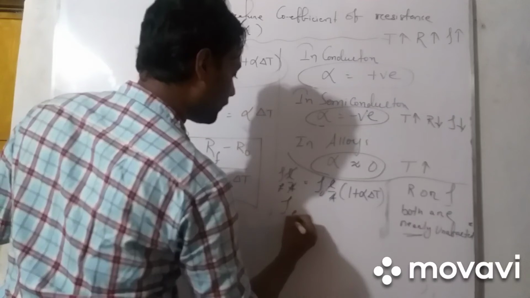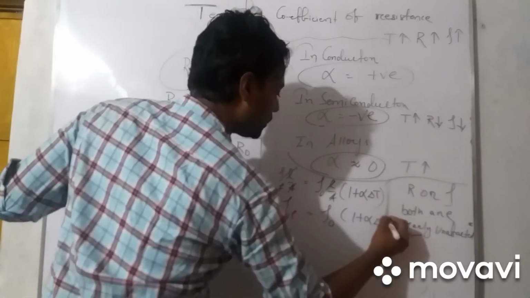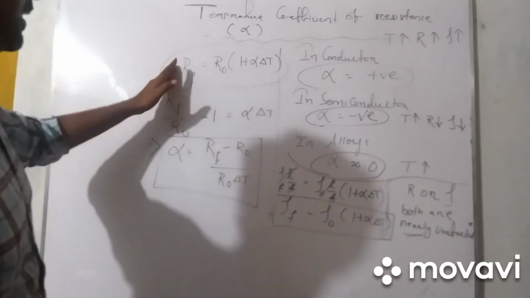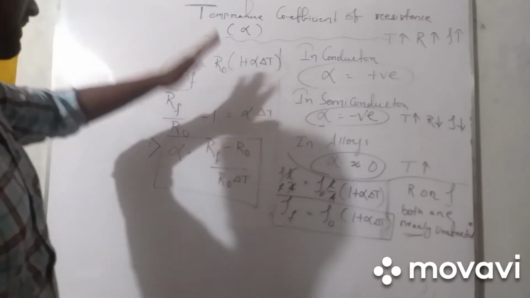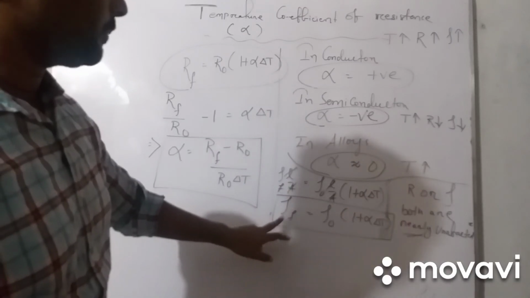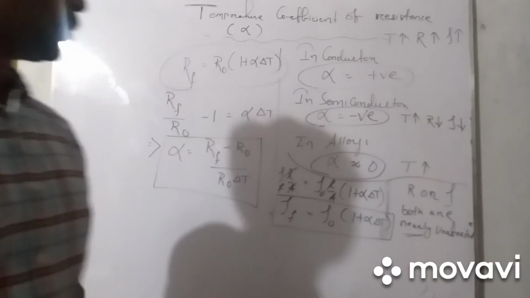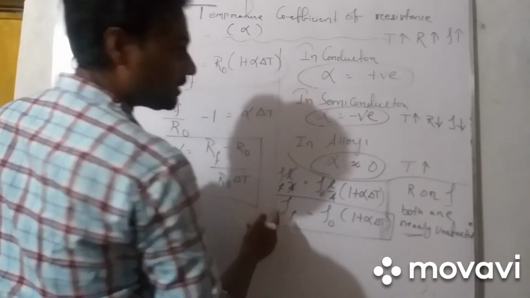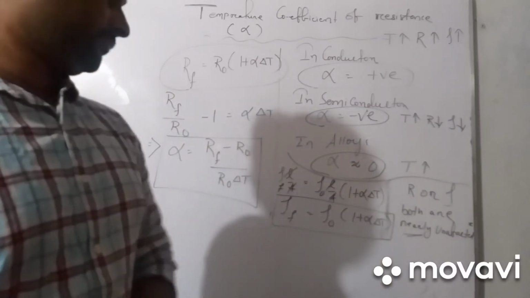So rho F is equal to rho 0 into (1 plus alpha delta T). So in both cases, resistance as well as resistivity, the formula remains the same. Rf equals R0 into (1 plus alpha delta T). In case of resistivity of the material, rho F equals rho 0 into (1 plus alpha delta T), where resistivity is the specific resistance of that material.